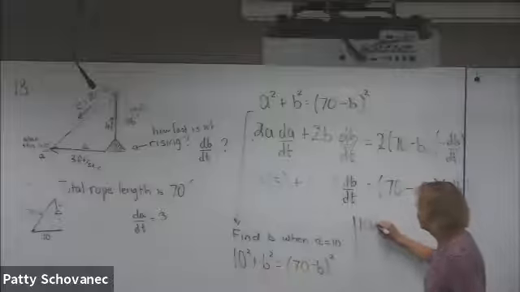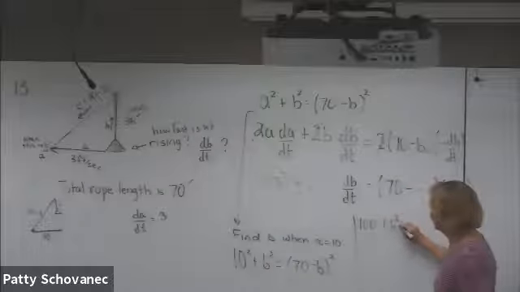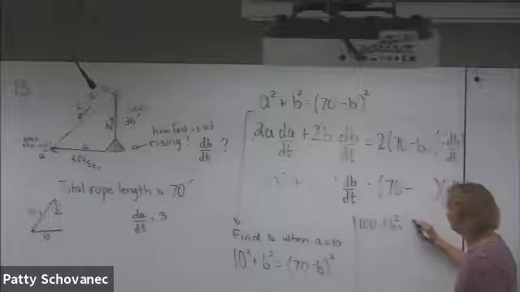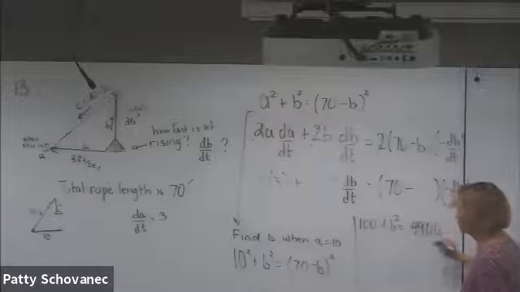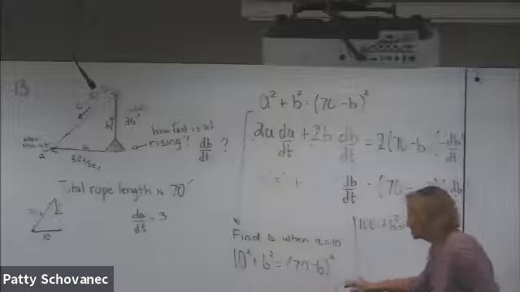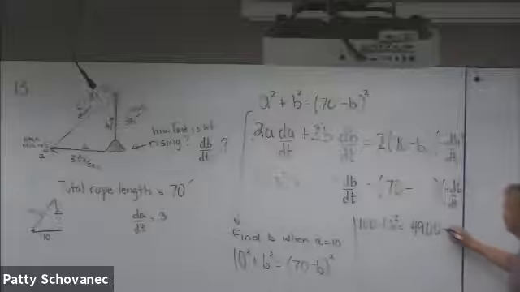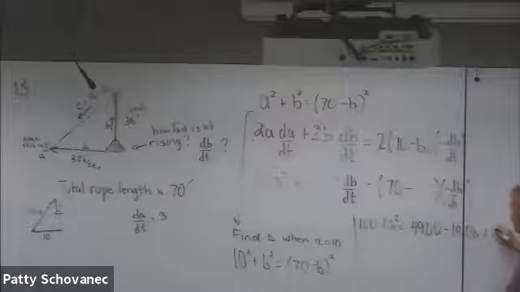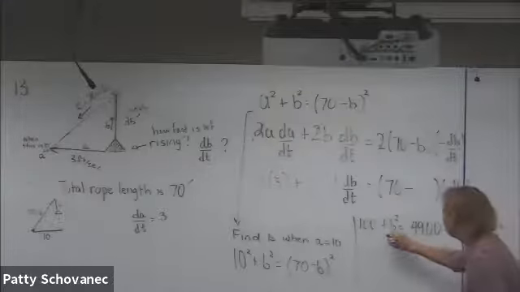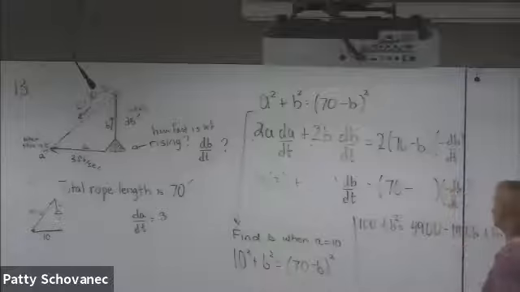So I got 100 plus B squared, and I'm gonna square this. 7 times 7 is 49, with 2 zeros. Middle term is gonna be twice of that, so negative 140B plus B squared. So I got a plus B squared on both sides. Let's get rid of the B squareds. And now let's subtract the 4,900 from both sides.